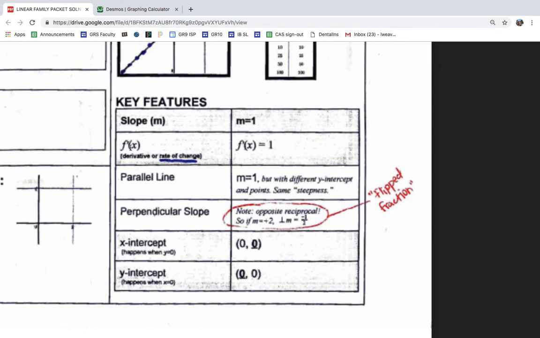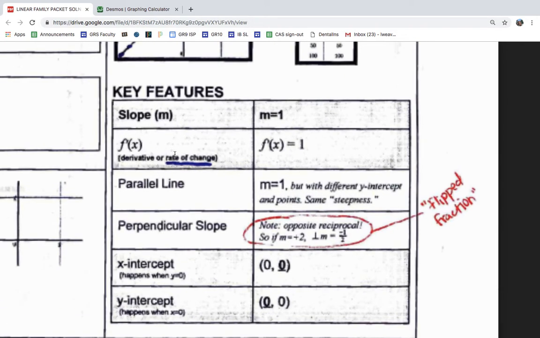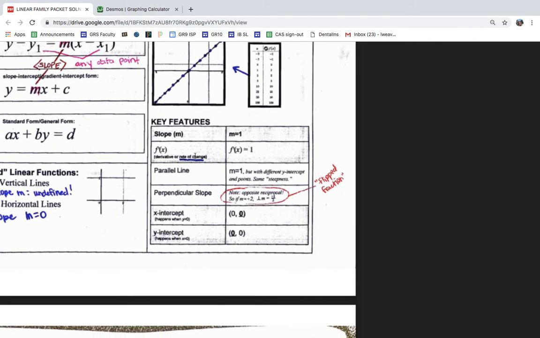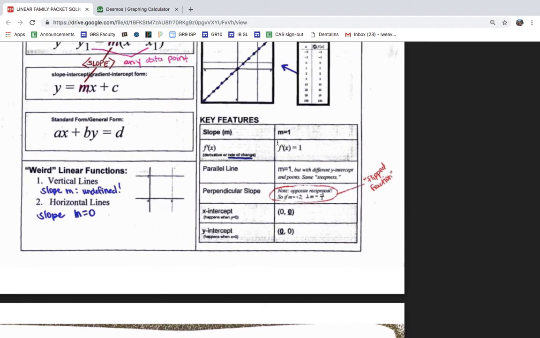This is very new notation that we'll get used to, and it just means f and then a little apostrophe x, f of x, but with a little apostrophe. And the way that we pronounce that is f prime of x. The definition of f prime of x is the rate of change. So lucky for you, with the linear family, the rate of change is just the slope. So these two will be exactly the same for the whole entire linear family.